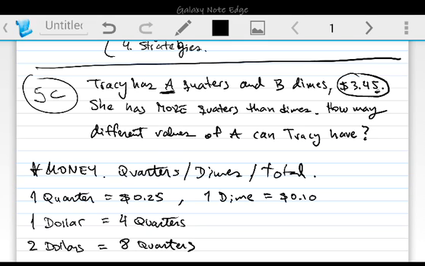Now, the 5 there is telling us that there has to be an odd number of quarters, because quarters go 25 cents, 50 cents, 75 cents, but dimes are 10 cents. Dimes are always even, quarters are not, right?